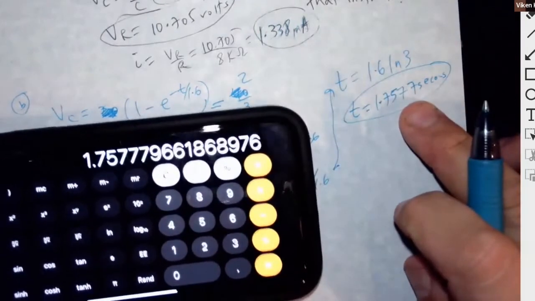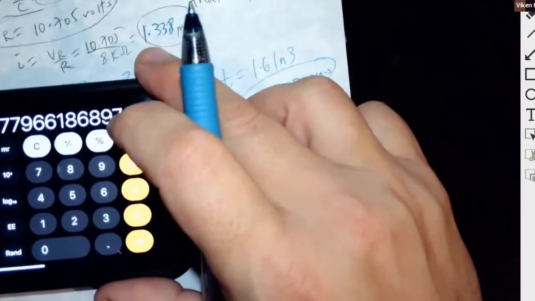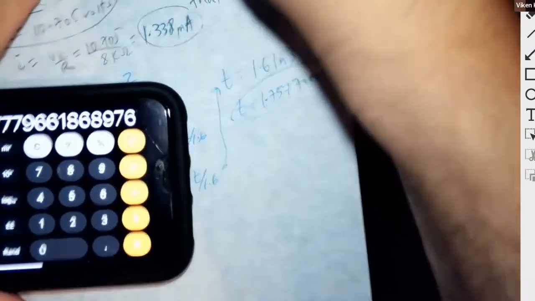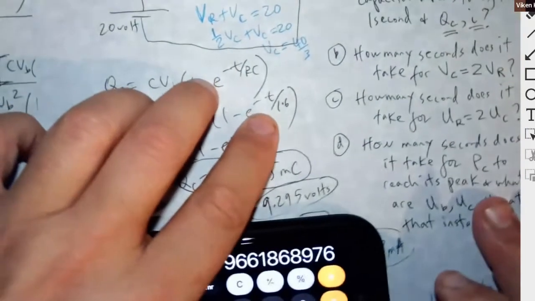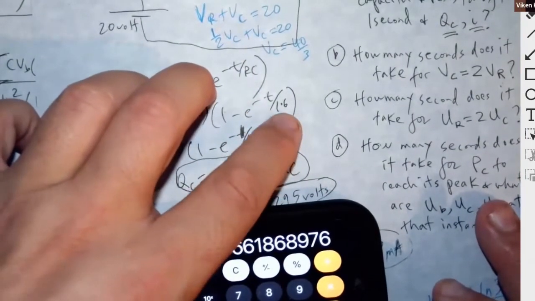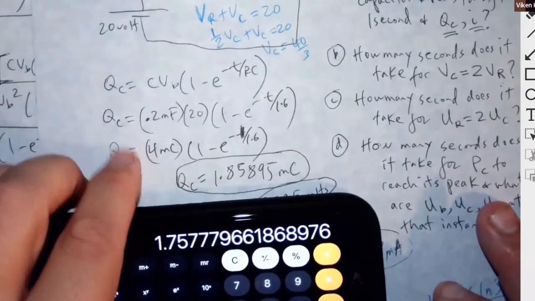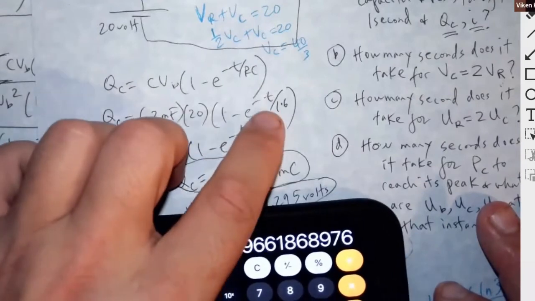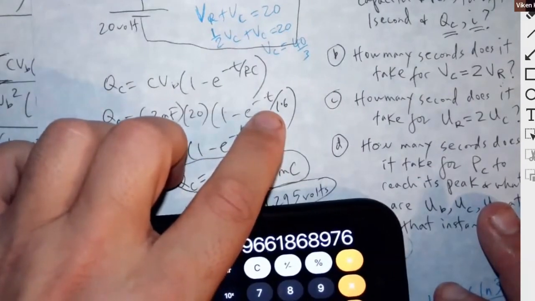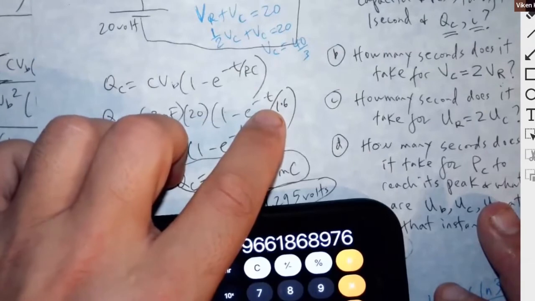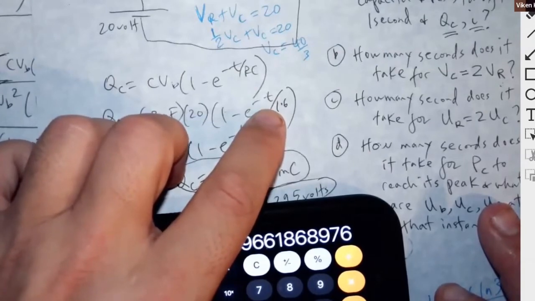1.75. See, the time constant of this circuit was what? 1.6 seconds. So everything is happening kind of fast. At 1.6 seconds, the capacitor is already charged to 63% of its value. And then the resistor has already discharged to 37%.